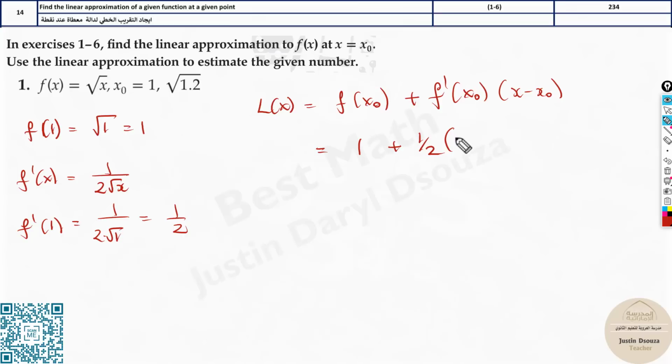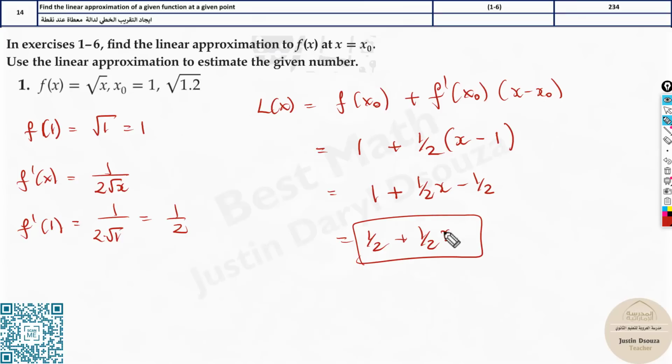Multiply it with what? x remains, but we have minus 1. So we will write this as well. It will be minus 1 here because x naught is 1. So now we will just multiply it: 1 plus half x minus half. So 1 minus half will be basically half plus half x. So this is your answer.